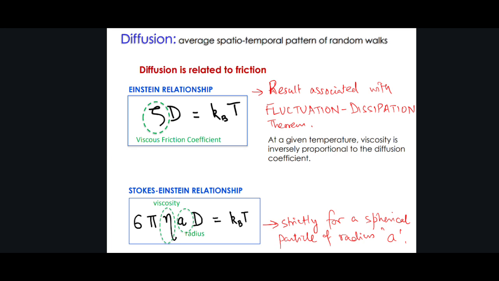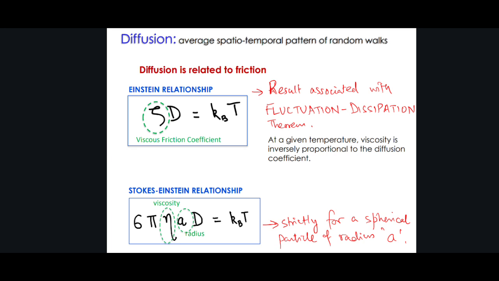strictly for a spherical particle. If you don't write a, you can use something else. Don't confuse this a with the time step. If you want, you can use b. It's up to you. So this is strictly for a spherical particle, okay? But you're just going to assume that our particles are near spheres.